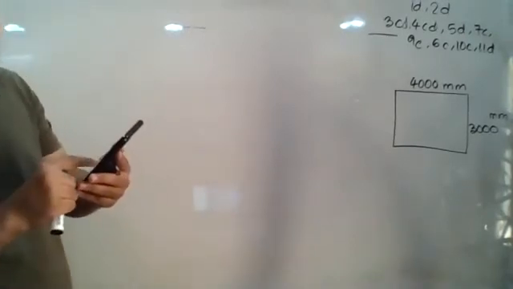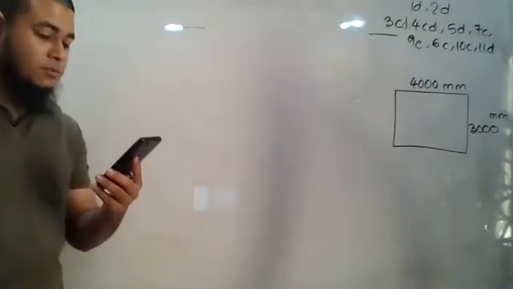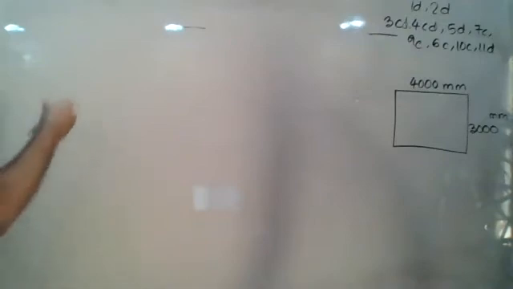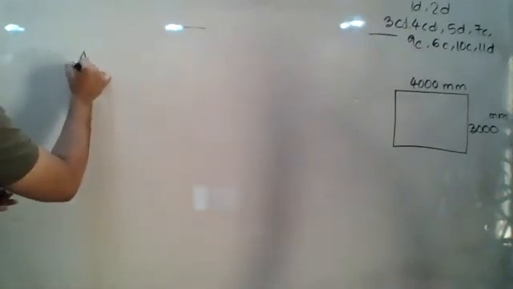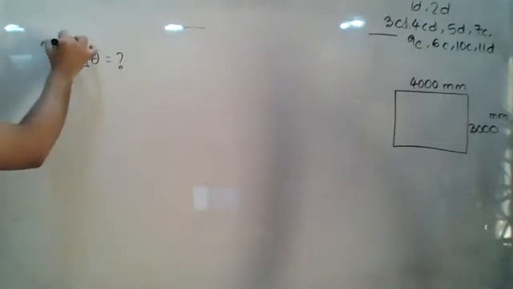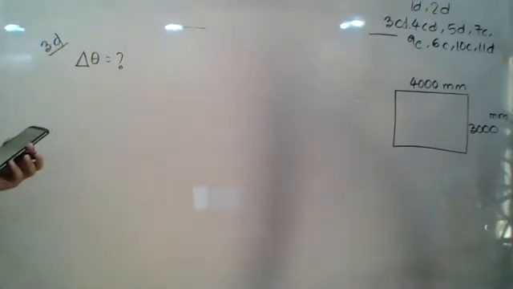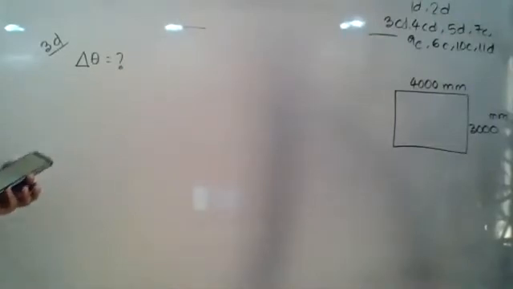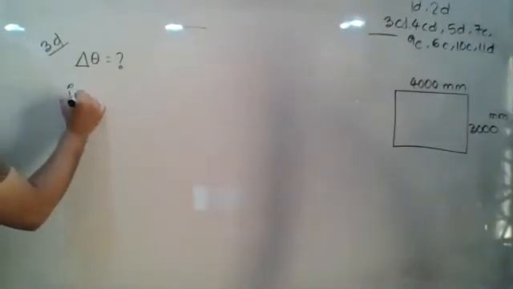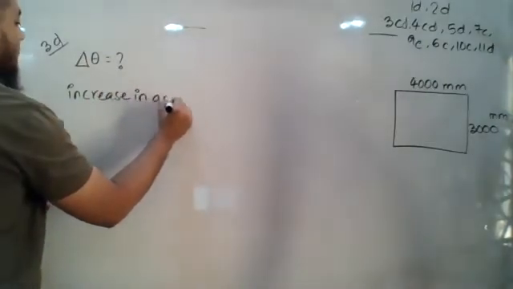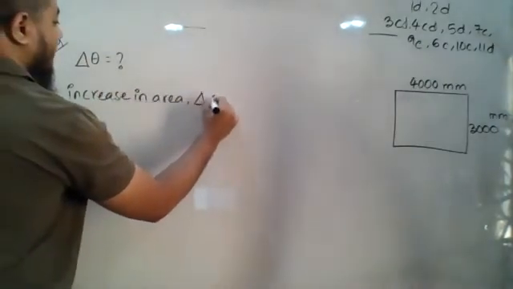Okay, it is asking what will be the increase in temperature? Increase in temperature means temperature change. They are asking us to find out what will be delta theta. This is 3D. To increase the surface area of that metal by 6%, the increase in area is delta A, right?